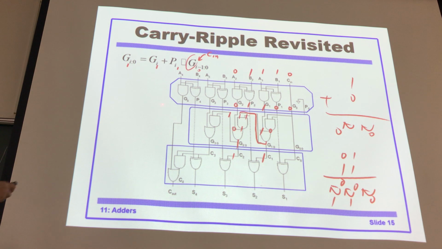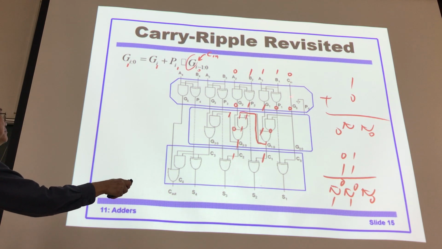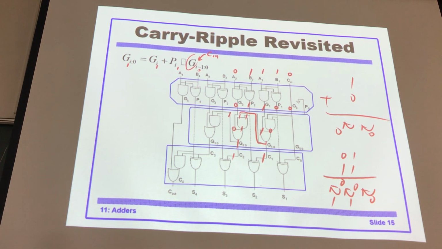So let's say for each bit position you can calculate P[i], G[i]. And then, using this equation, you can get G[i:0], or just the carry out for that bit position. This is the same. This one the same. This one the same.